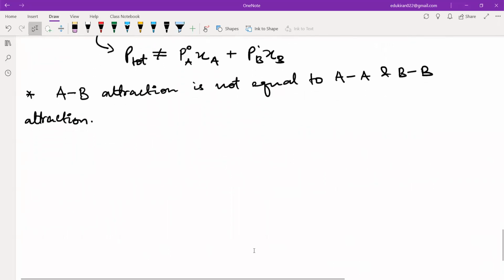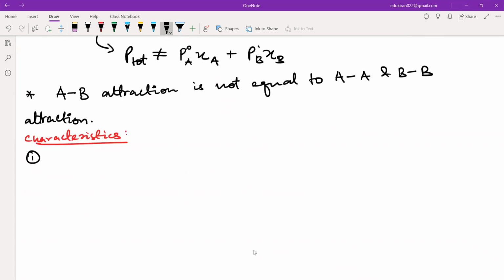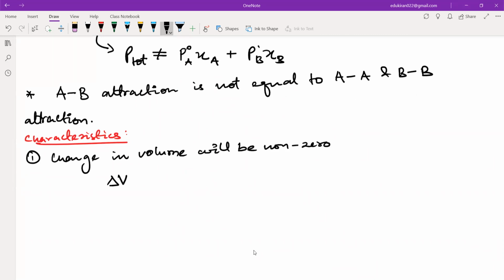Furthermore, if AB attraction is not equal, then we can also write about characteristics. In characteristics, the first point will be that the change in volume will be non-zero. Non-zero means delta V of mixing will not be equal to zero.